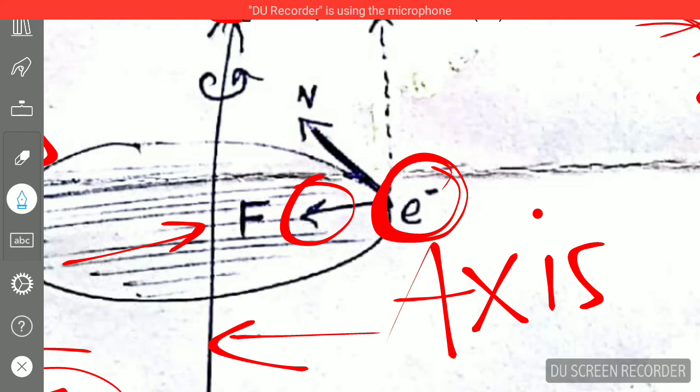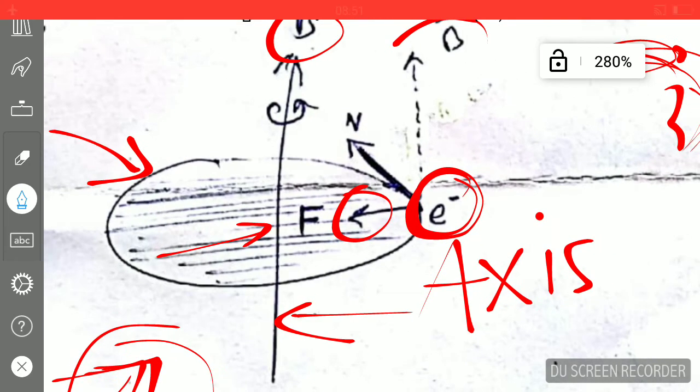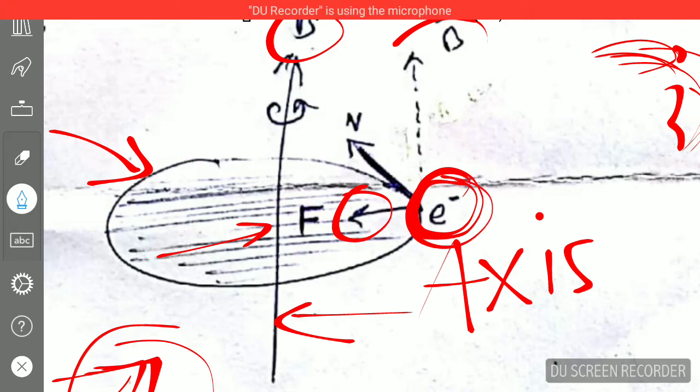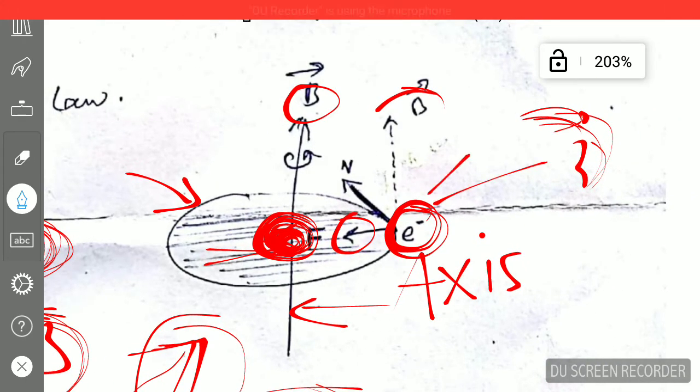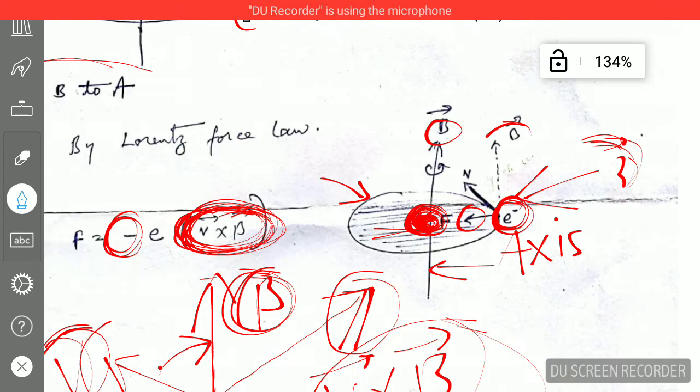Because of this Lorentz force on the electrons, all the electrons will get accumulated at the center. At this point there will be lots of electrons, and at the outer points there will be scarcity, that means fewer electrons at the outer part.